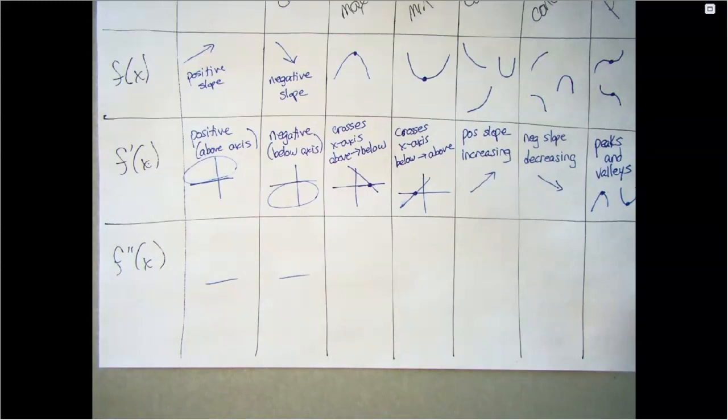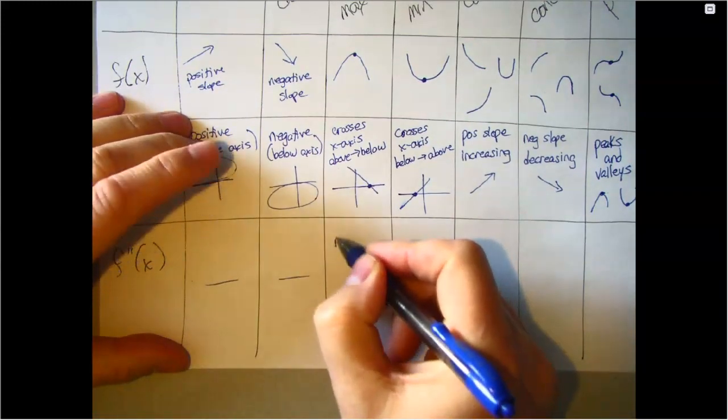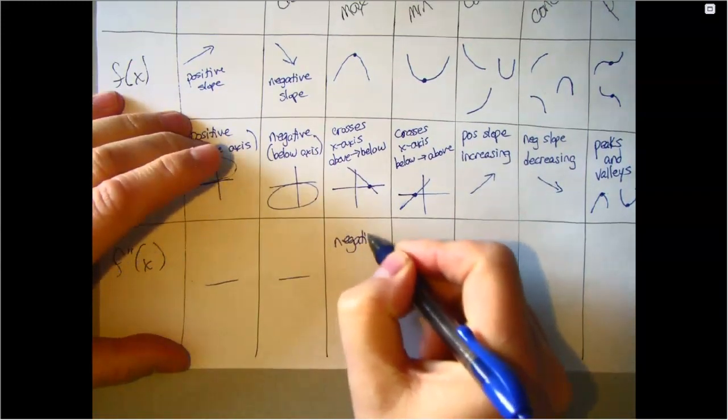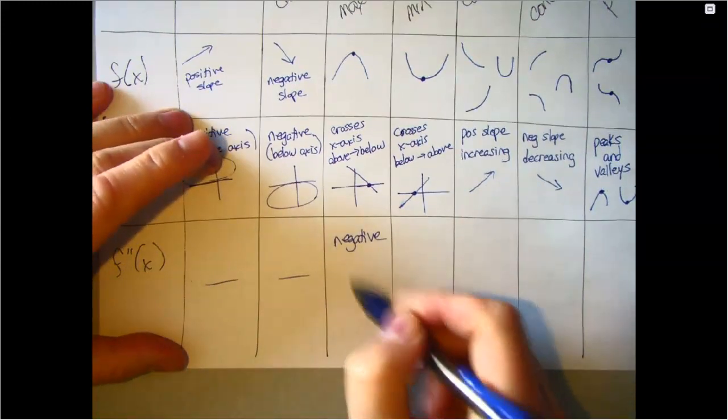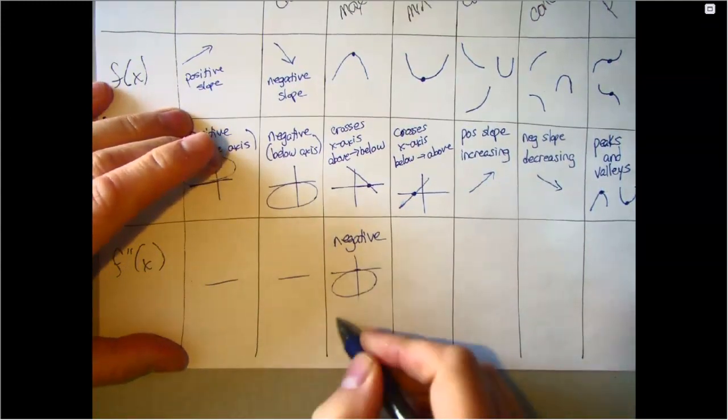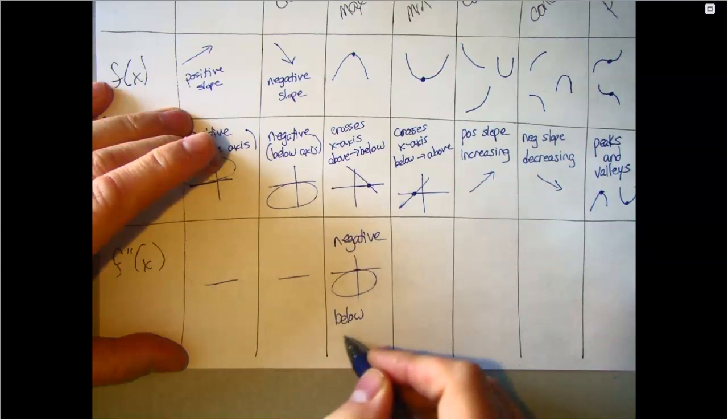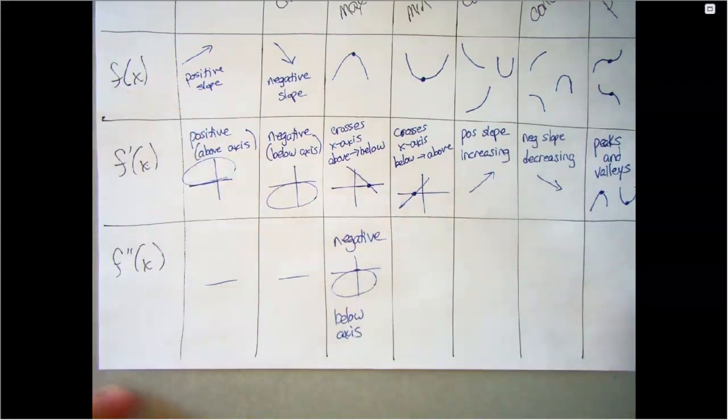What's true about the concavity of that relative max? It's got to be concave down, so what's true about the second derivative? Negative. So the second derivative would be negative, or below the axis.